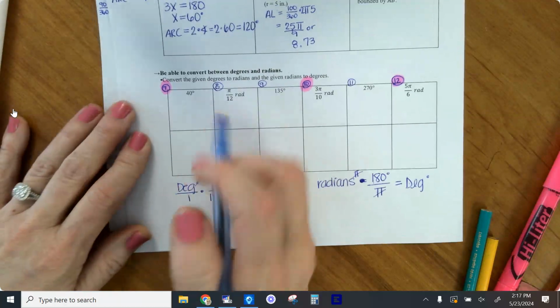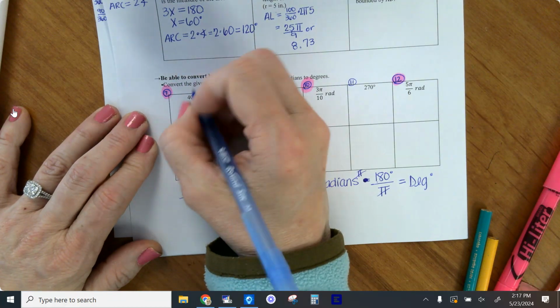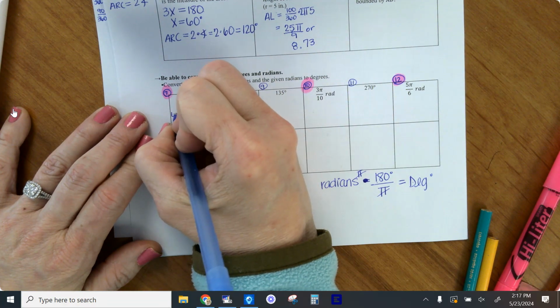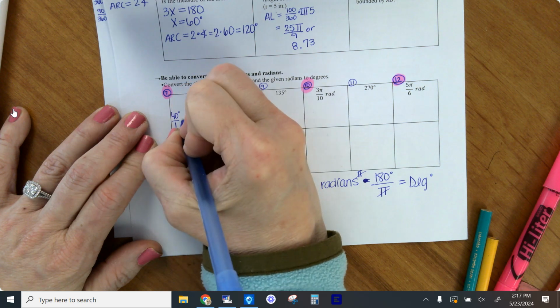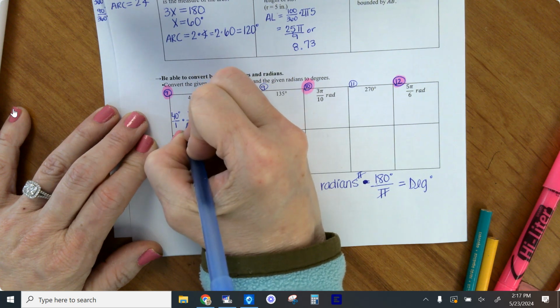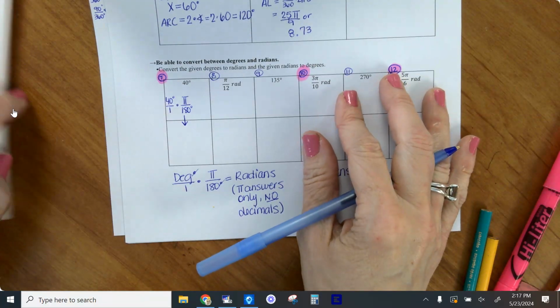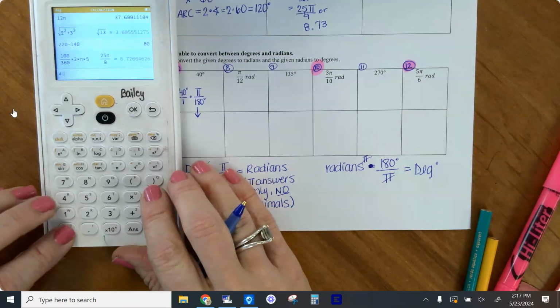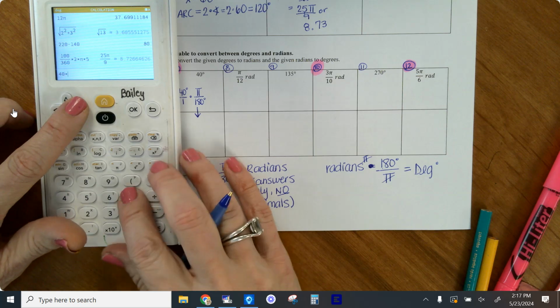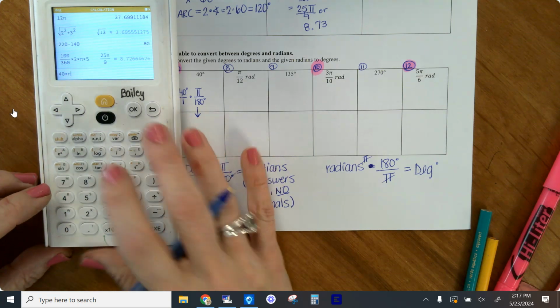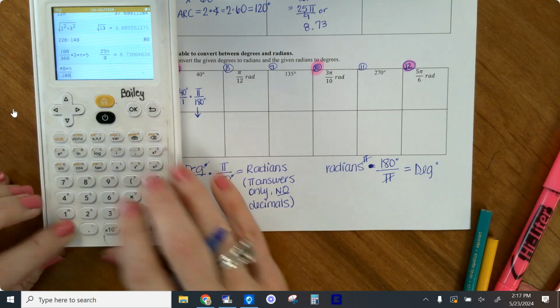Okay, so let's do number 7, 40 degrees. So we're going to write 40 over 1 times pi over 180 and we're going to put that in our calculator. 40 times, and then we're going to do pi divided by 180.